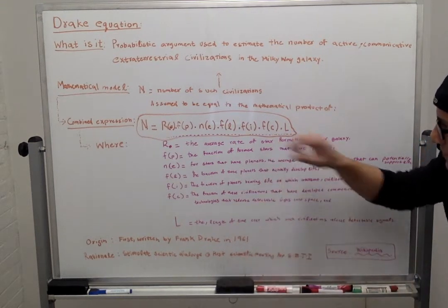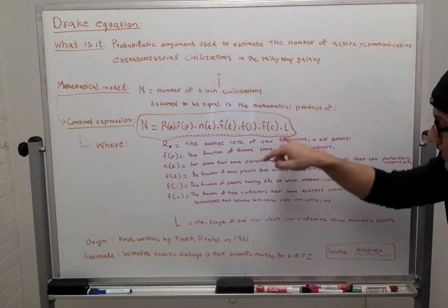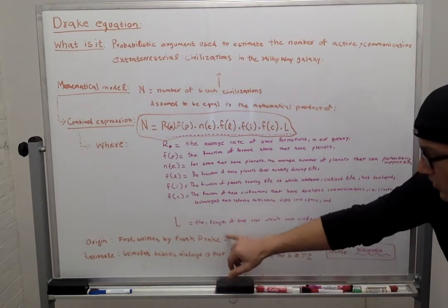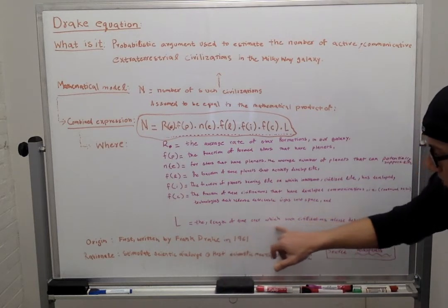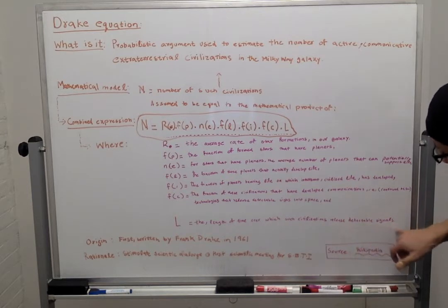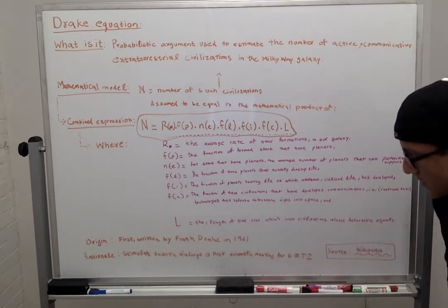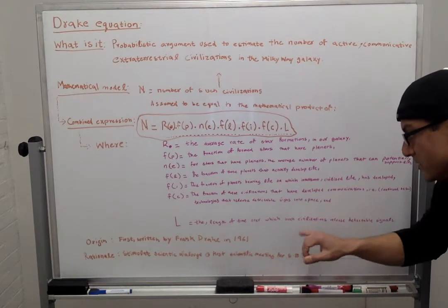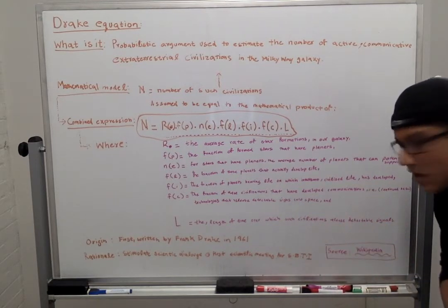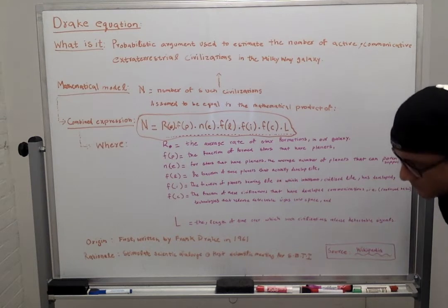The last bit of the combined expression is the letter L, which signifies the length of time over which such civilizations release detectable signals. Again, building on my previous comment, I'm not too sure that's going to happen on a continual basis.